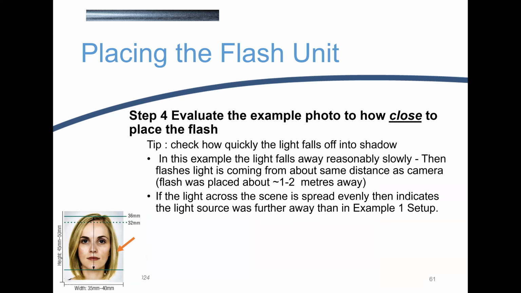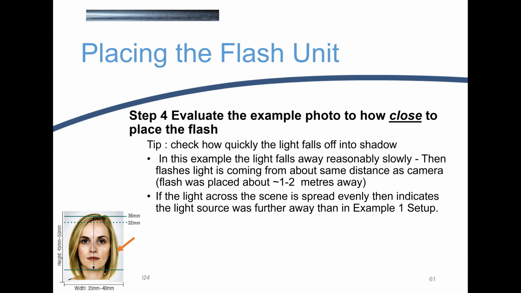We also need to work out how close to place the flash, because when we discussed light last week, I said to you that the further away the light is, the smaller that light source becomes, and the sharper the shadows, and also it depends on the fall off of the light as well.